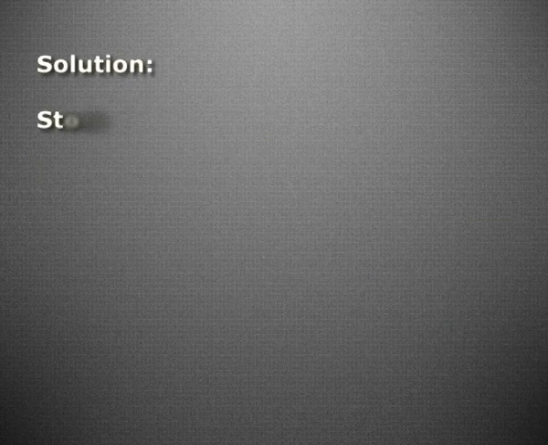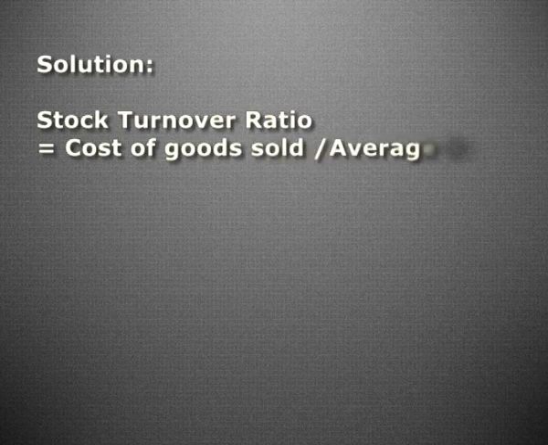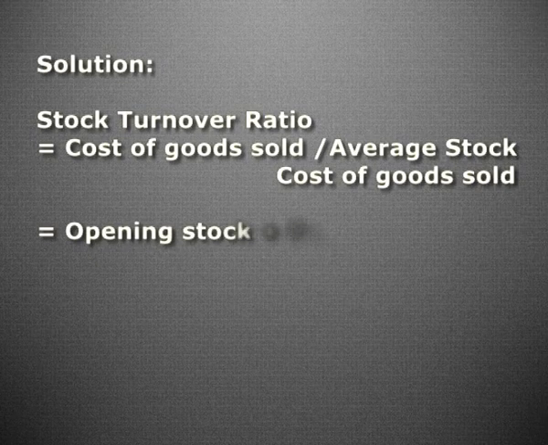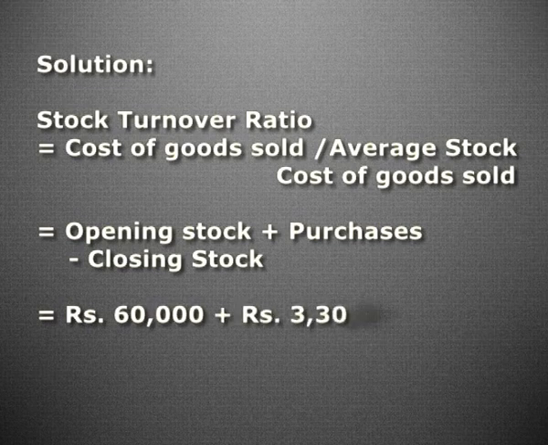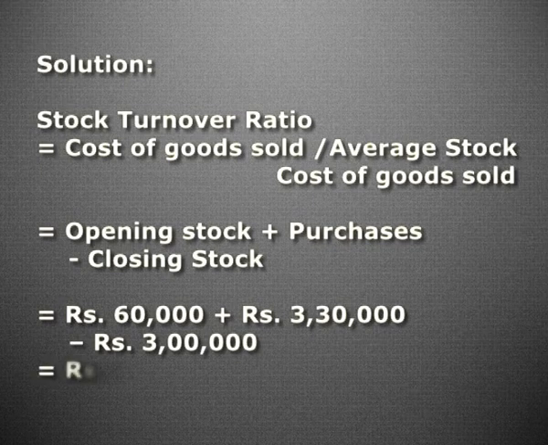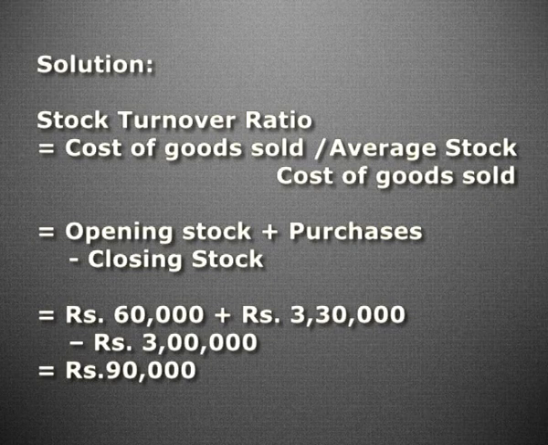Solution: stock turnover ratio is equal to cost of goods sold divided by average stock. Cost of goods sold is equal to opening stock plus purchases minus closing stock, which is equal to rupees 60,000 plus rupees 3,30,000 minus rupees 90,000, which is equal to rupees 3 lakhs.